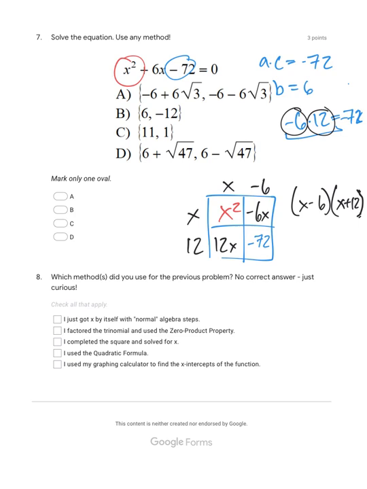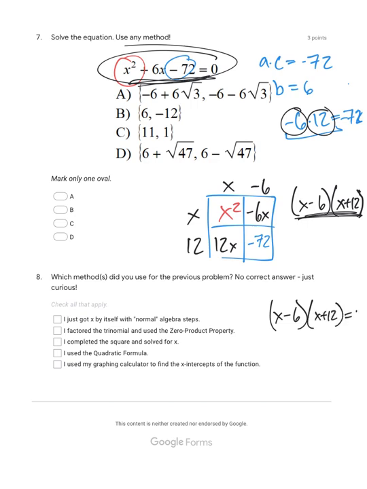Since I'm solving this equation, and this is the same as this, I can rewrite my equation as x minus 6 times x plus 12 equals 0. Then I can split it up with the zero product property. I can say x minus 6 equals 0, and x plus 12 equals 0.